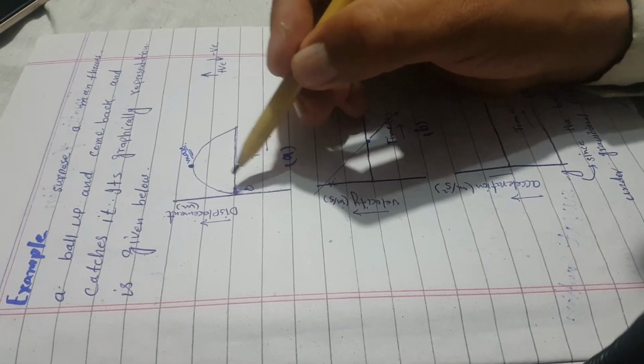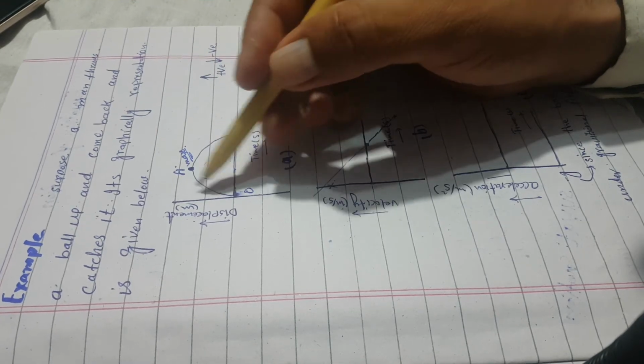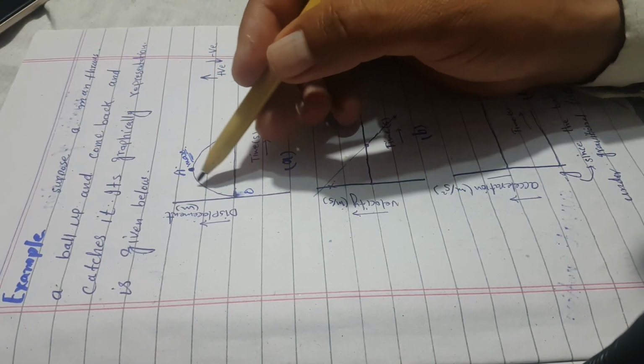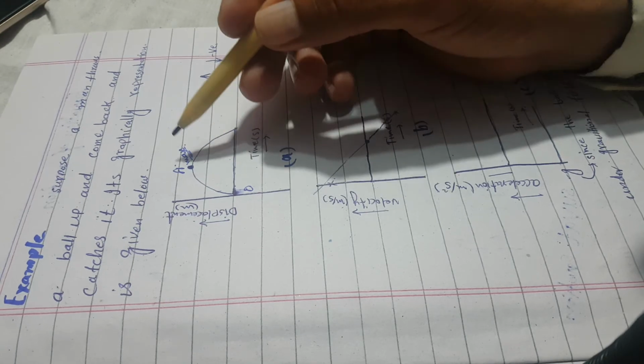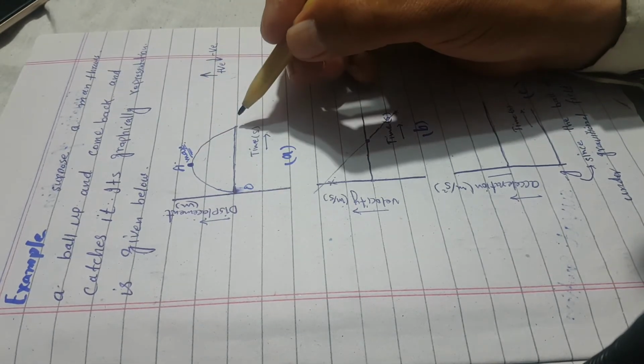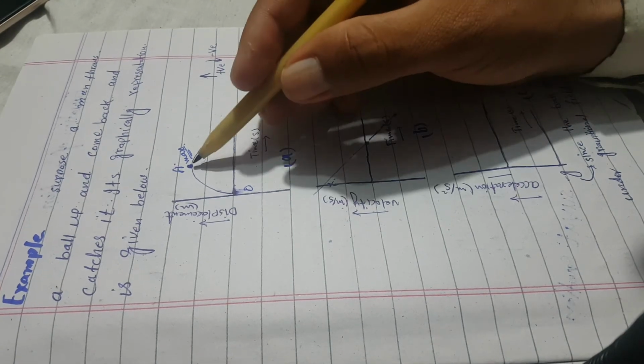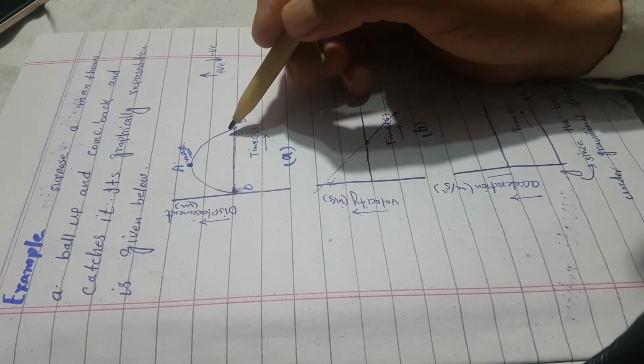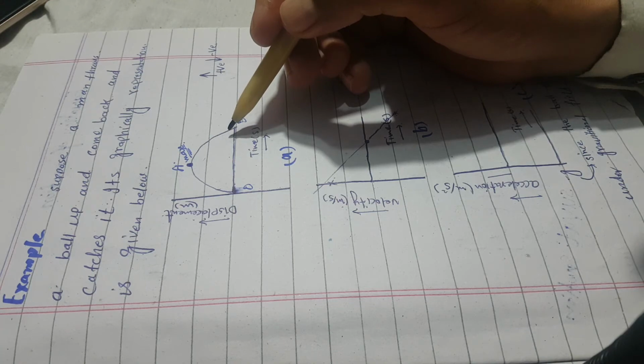From O to A the velocity is continuously increasing. From A to B the velocity goes on decreasing.